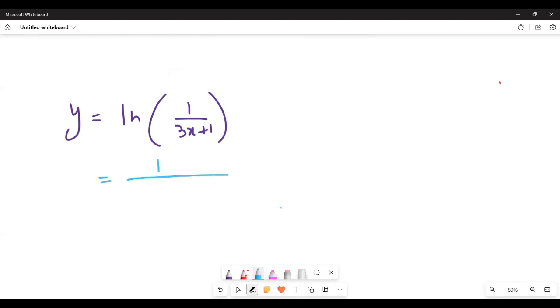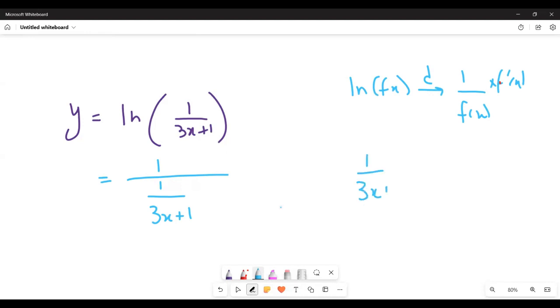So 1 upon 3x plus 1, because f(x) goes in the denominator, ln f(x). And if we're differentiating that, it's 1 over f(x) times f prime x. So it's 1 over 1 upon 3x plus 1. And now we have to differentiate 3x plus 1, 1 over 3x plus 1. So what's the derivative of 1 over 3x plus 1?